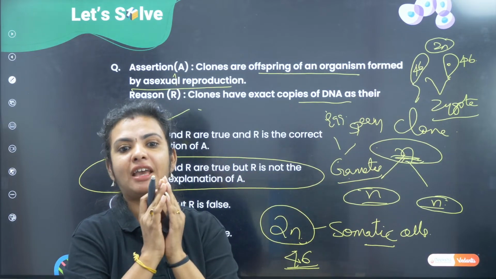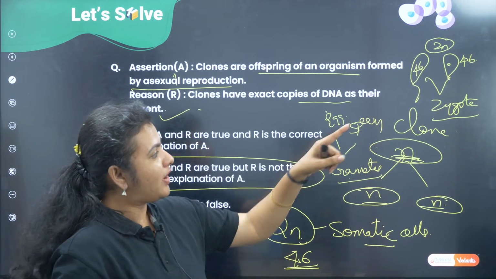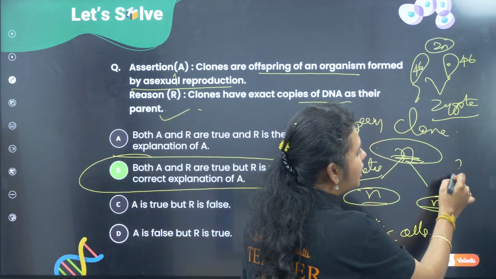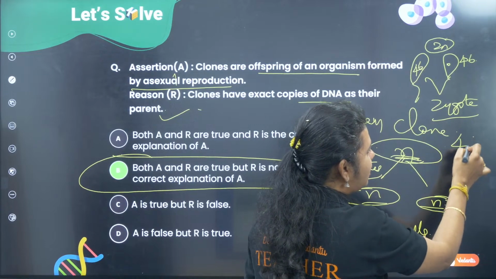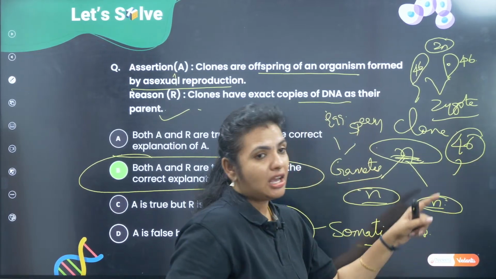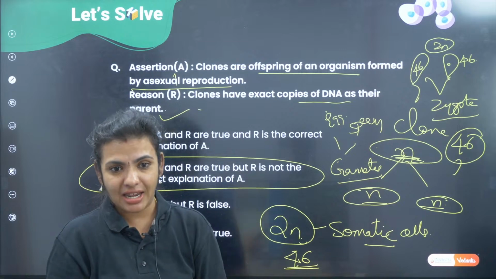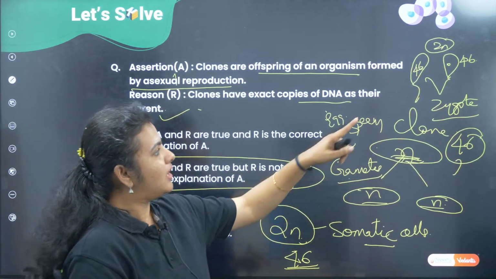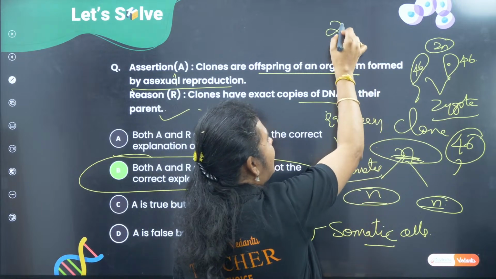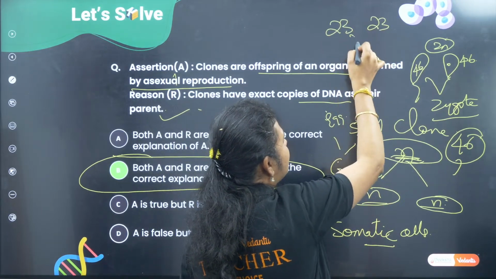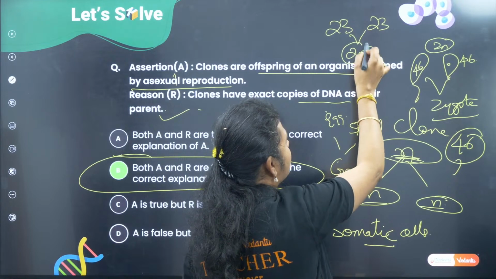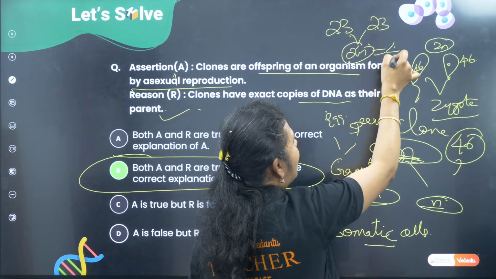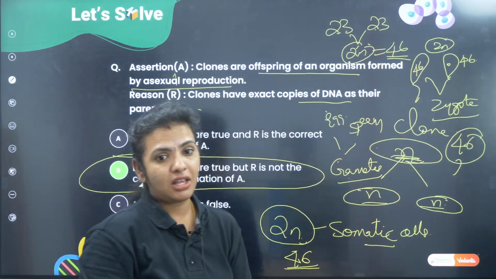Such a zygote will never exist on this planet. If I want this zygote to have 46 chromosomes in total, I should have the sperm and egg having half the number of chromosomes, haploid chromosomes. So they have to have 23 and 23. Then only the zygote, getting half and half, will have 46 chromosomes.